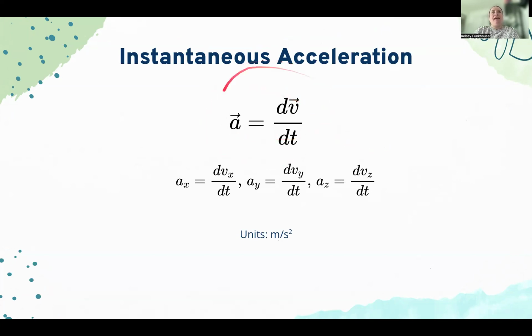So the instantaneous acceleration is the derivative of velocity with respect to time, and each component is the derivative of that component of velocity with respect to time. And so what this ends up as for units is meters per second squared, because we're just dividing meters per second by another time.